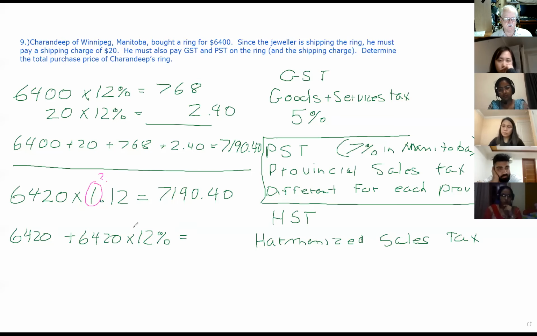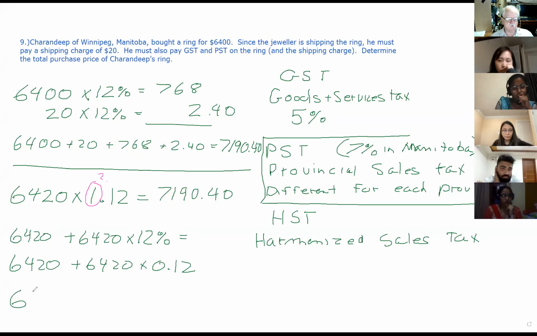But we translated the 12% into a decimal. So 6,420 plus 6,420 times 0.12. And then we factored out the 6,420.